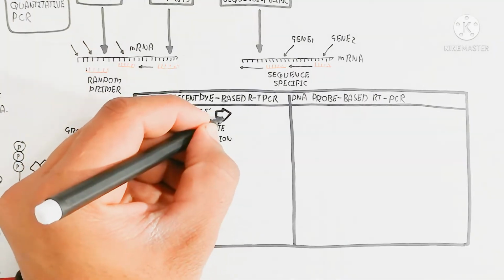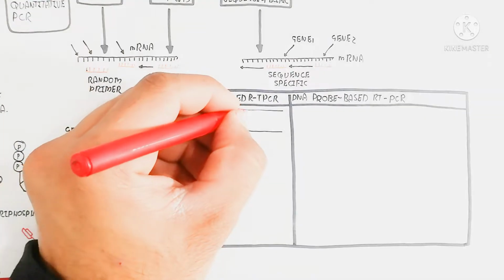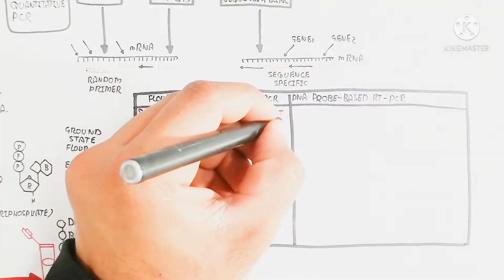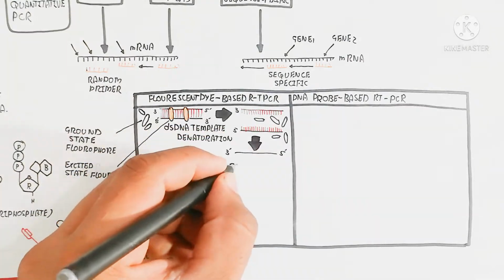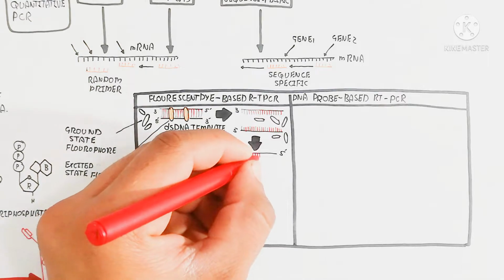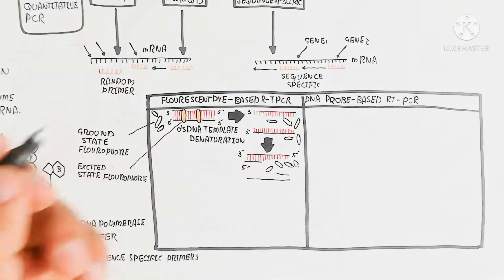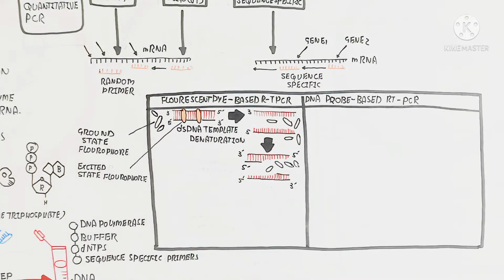produce the color. After the denaturation to separate two single-stranded DNA, the fluorophore will bind, and fluorophore-bound DNA will be formed. Remember that after the annealing process, the primer anneals in the 5' to 3' direction of the DNA, anti-parallel.